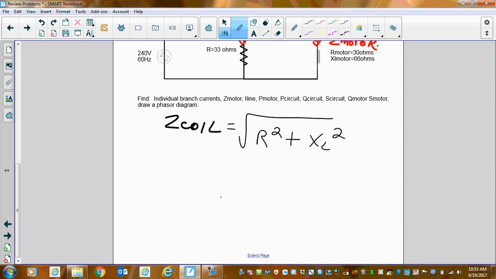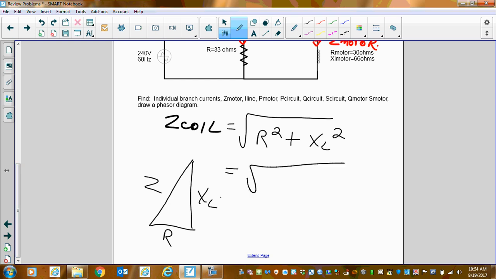If you want to develop a triangle, you could also do that. Simply come up with your triangle. We're going to solve for Z over here. We already know R and we already know XL. I think at this point it's probably just as easy to put in some numbers.